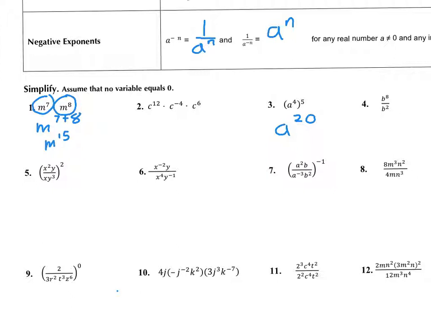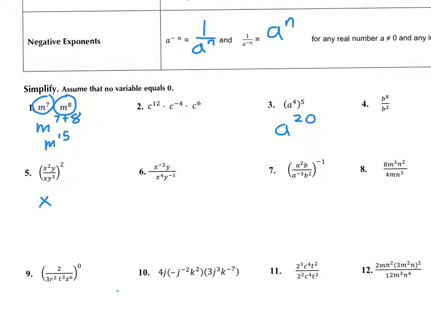For number 5, so there's 2 things you can do. You can simplify the inside of the parentheses and then square it, or you could square it and then simplify. I'm going to stick with order of operations and simplify first. So the top has 2 x's, the bottom has 1.